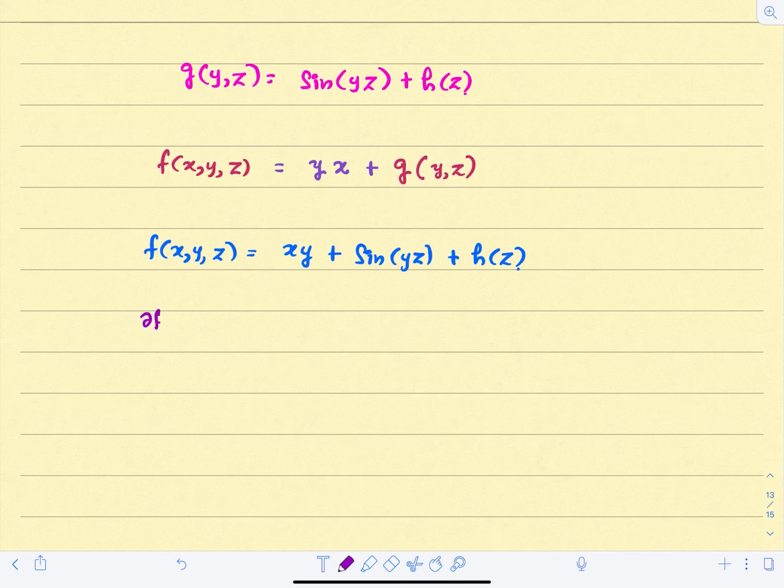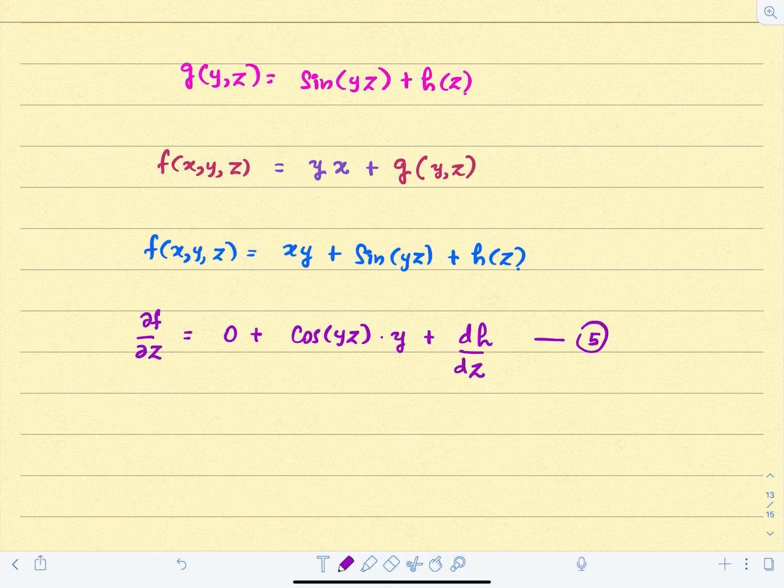So let's calculate partial f of partial z. The x y term gives 0, and you should get cosine of yz. Now we differentiate with respect to z, therefore we treat y as a constant, so we get times y plus the derivative of h with respect to z. Let's say this is our equation number 5.